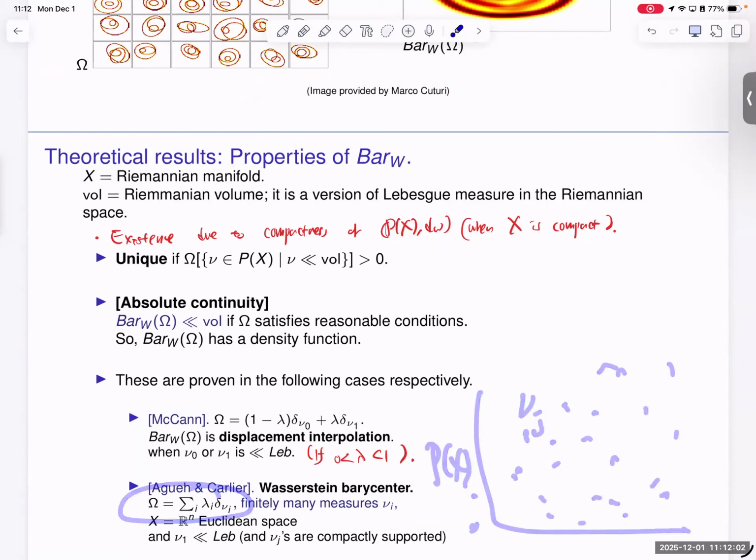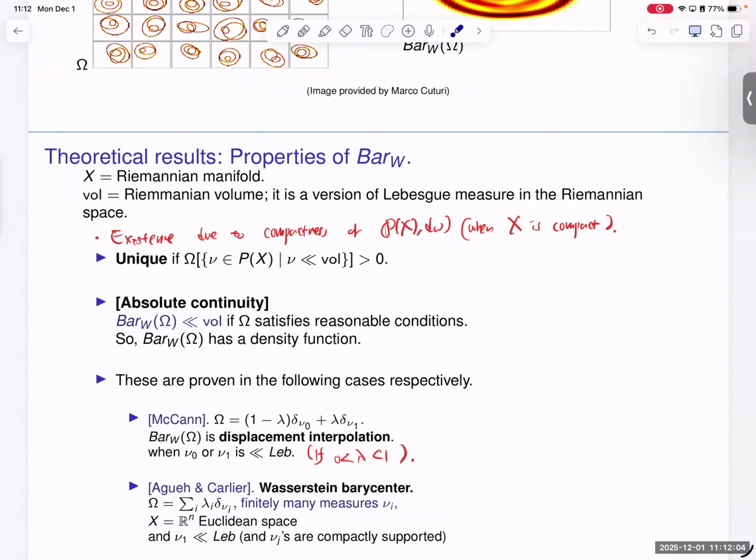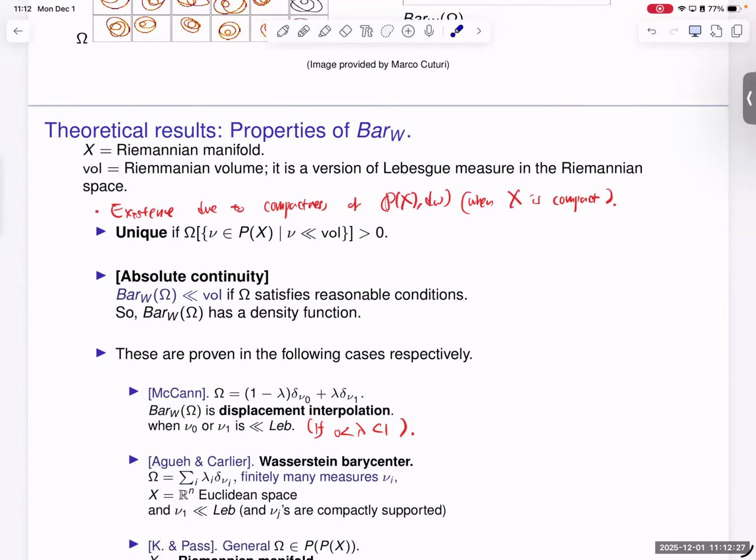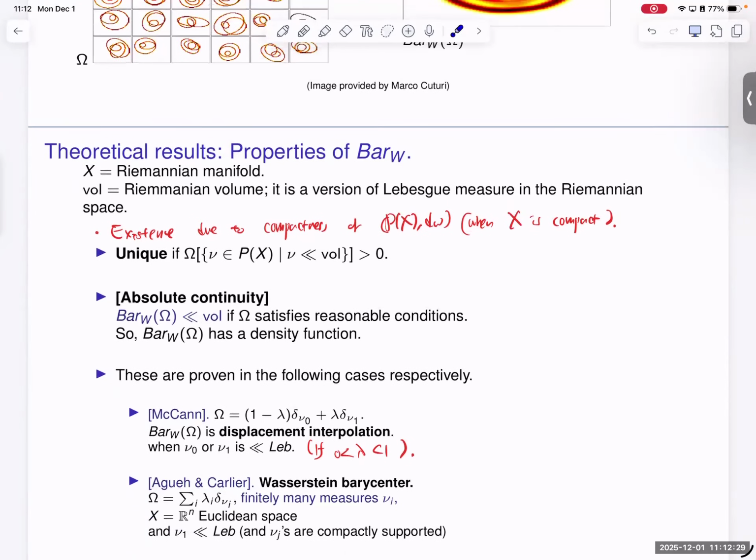And then you can consider this on the Euclidean space as the underlying space. Then here you have finitely many measures. If one of them is absolutely continuous with respect to Lebesgue, then the corresponding Wasserstein barycenter is absolutely continuous. And you can generalize this further.